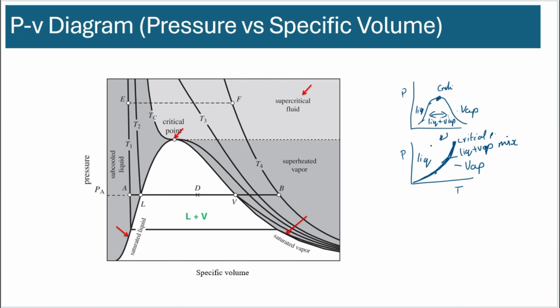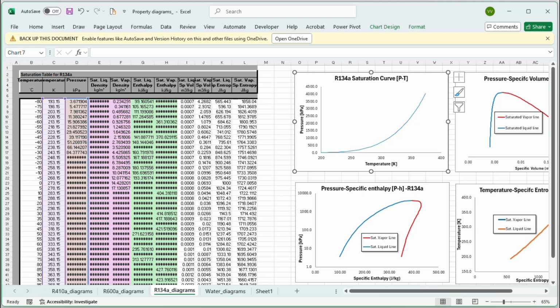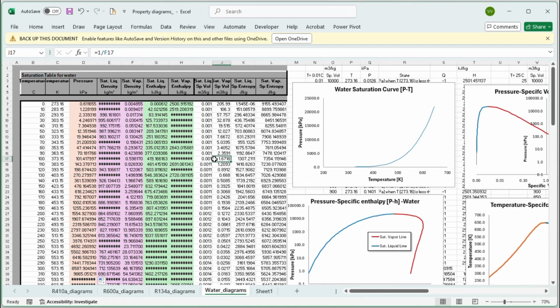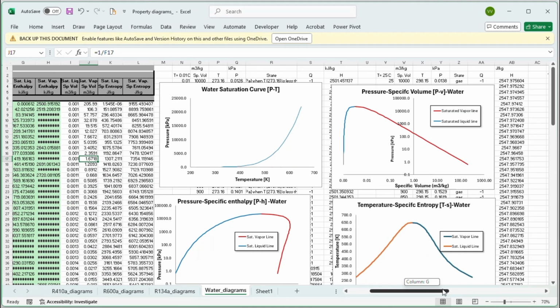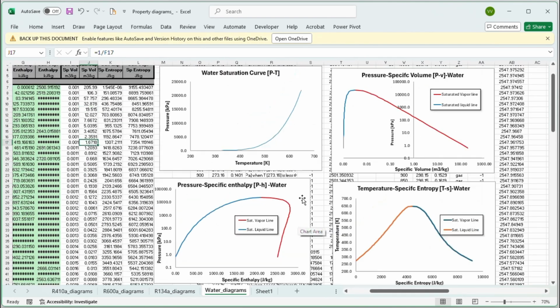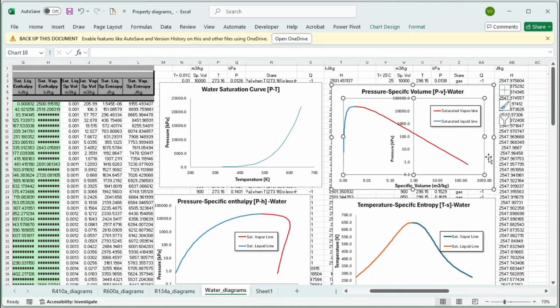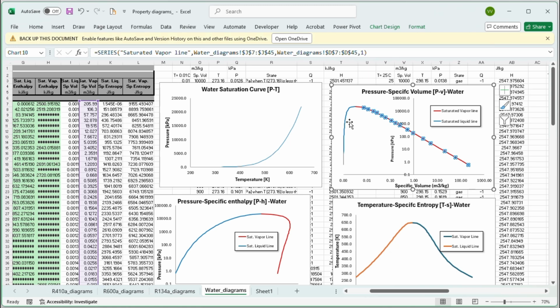Okay, so let's try creating this pressure versus specific volume plot in CoolProp. So go to the water diagrams, okay, it's this one. If you look here, there's a red line and there's a blue line.